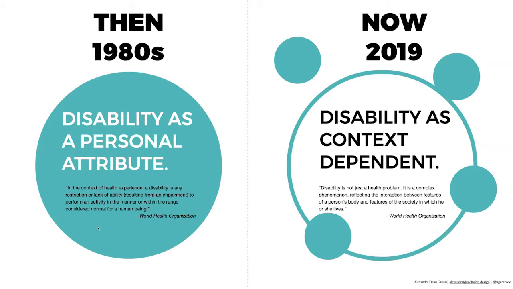Like in the 80s, the World Health Organization defined disability as, in the context of health experience, any restriction or lack of ability resulting from an impairment to perform an activity in the manner or within the range considered normal for a human being. There are so many red flags in this. You can't say half of this stuff anymore.